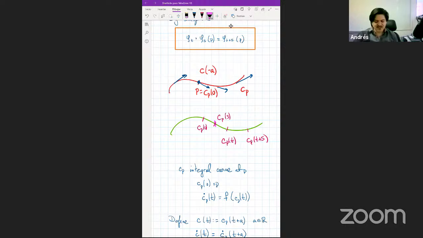So I move t units and I'm here, which is the same as if my initial point moves t plus s in time. Okay? Right. Nice.